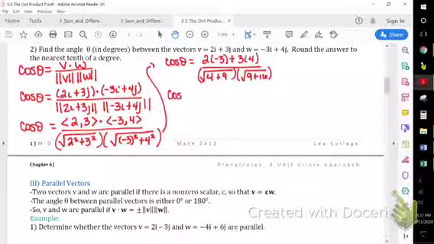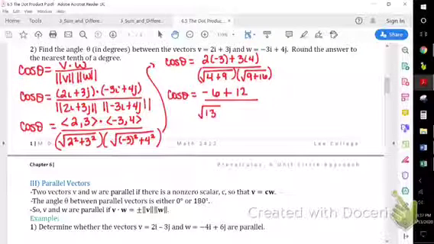And so I'm just going to take this step by step here. In the numerator, 2 times negative 3 is negative 6, plus 3 times 4 is 12, over, in the denominator, I got the square root of 4 plus 9 is 13, times the square root of 9 plus 16, which is 25.